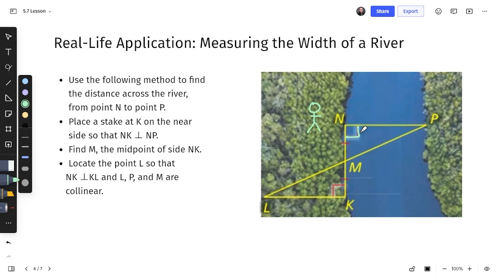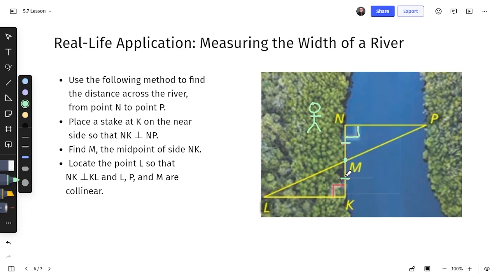Then we want to find M, the midpoint of that segment we just created. We go back halfway to the point where we started, point N. That ensures that these two segments are congruent to each other.